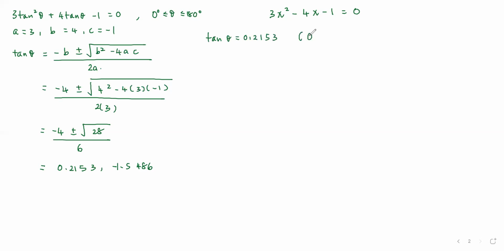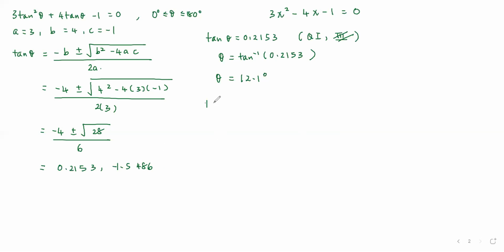Tangent is positive in either quadrant 1 or quadrant 3, but because theta is in between 0 and 180 degrees, that alternative is out. We only consider quadrant 1. Theta is given by inverse tangent of 0.2153, and we should get a value of 12.1 degrees.